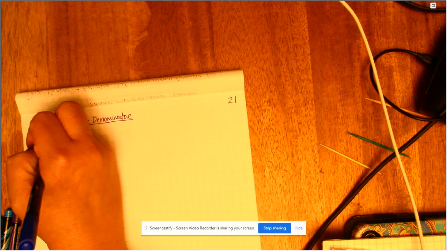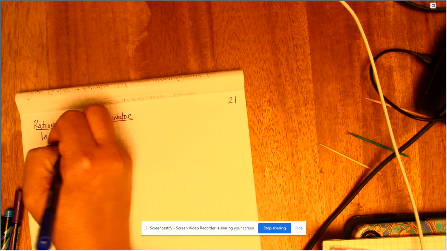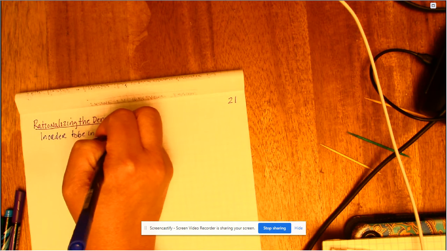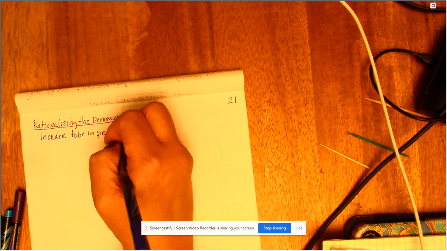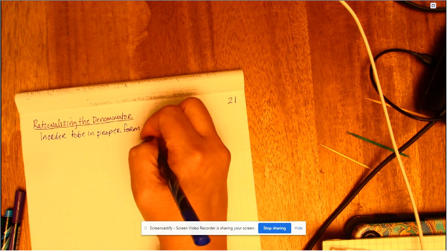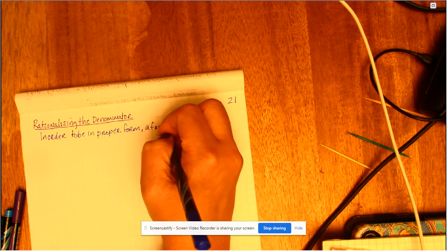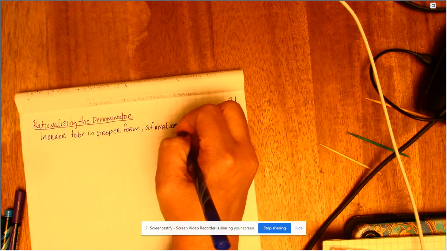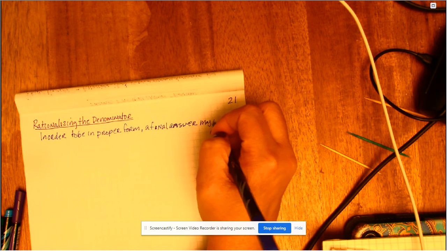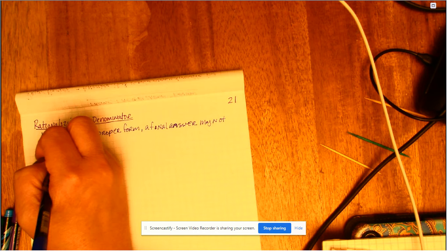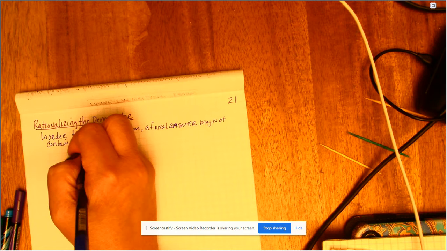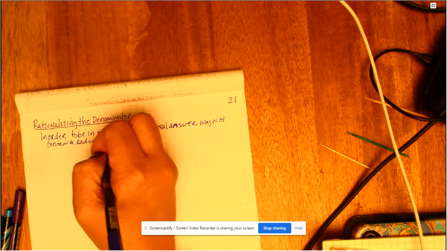So we rationalize the denominator in order to be in proper form. A final answer may not contain a radical in the denominator.